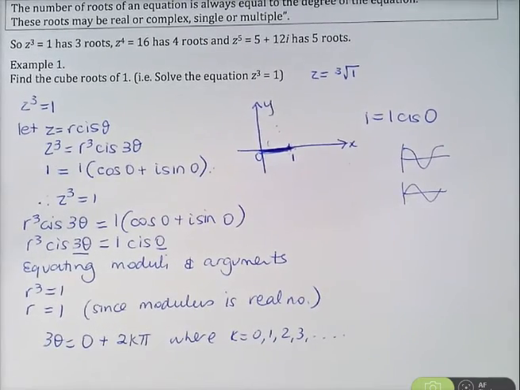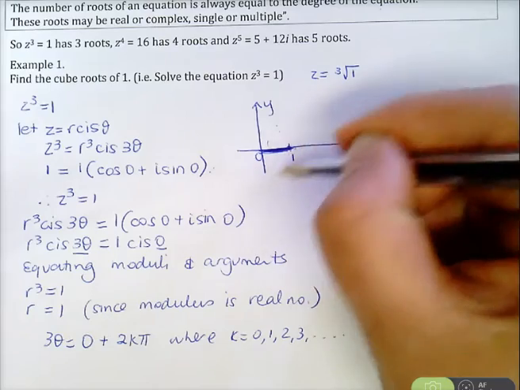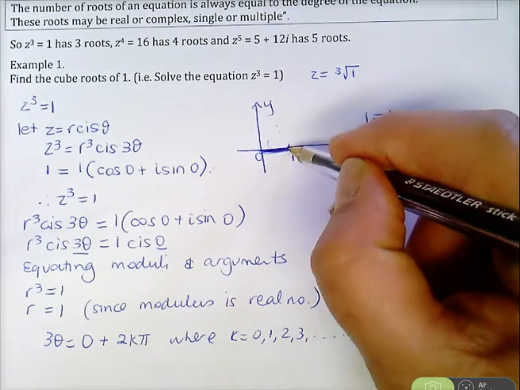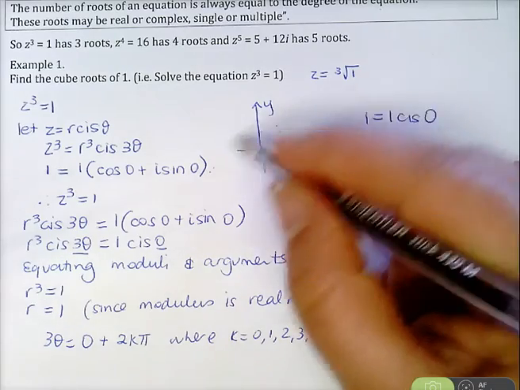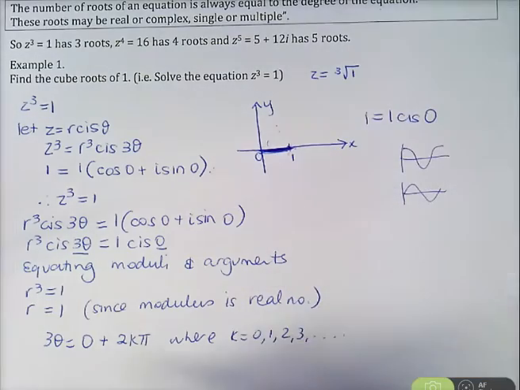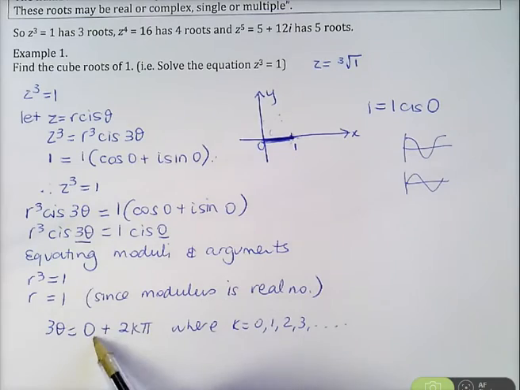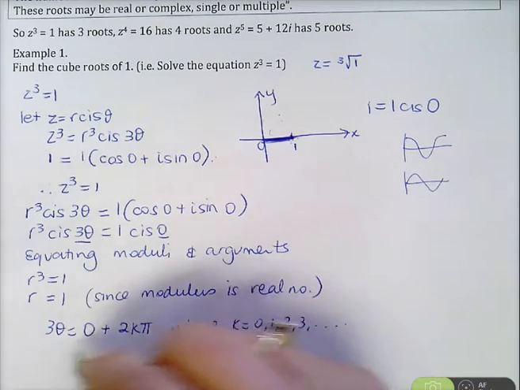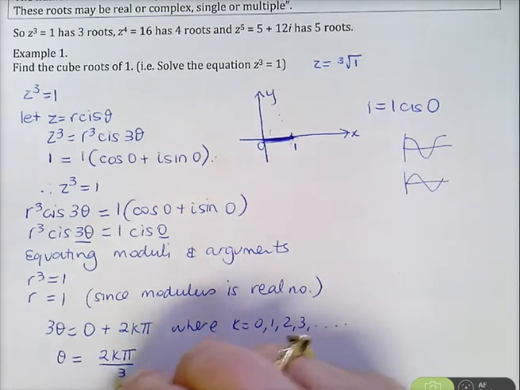The reason for that is if the argument is 0, the next time the argument is 0 is 2 pi further on, and the next time is another multiple of 2 pi, etc. So that's why we're giving the general solution here. 3 theta equals 0 plus any multiples of 2 pi, and now dividing by 3, therefore theta equals 2k pi over 3.